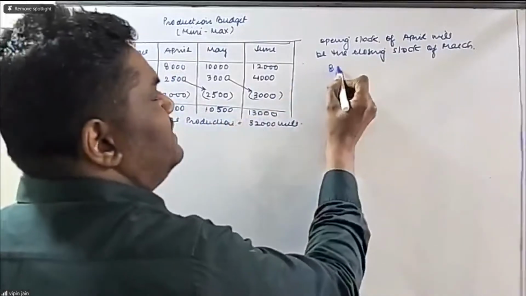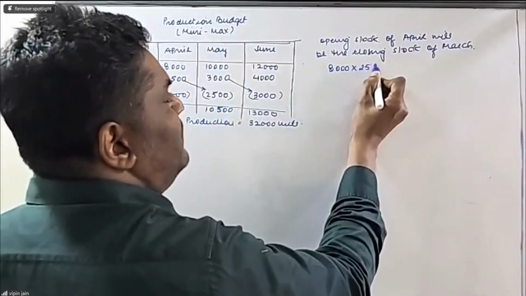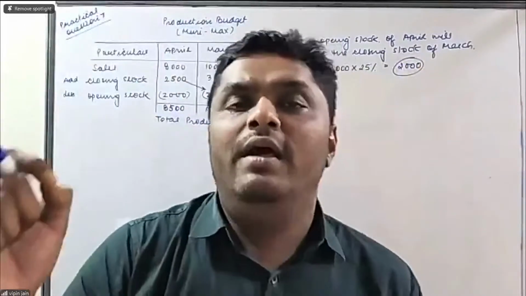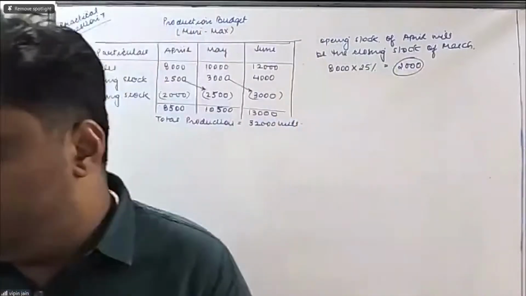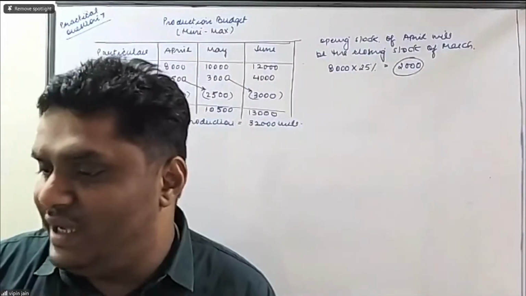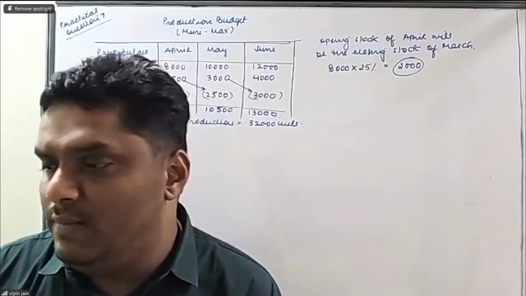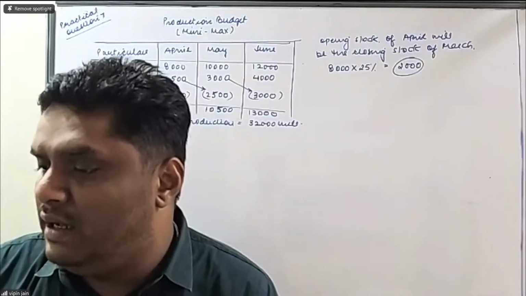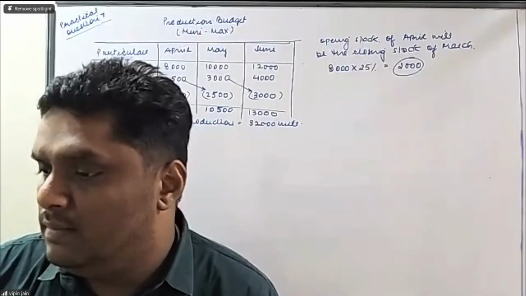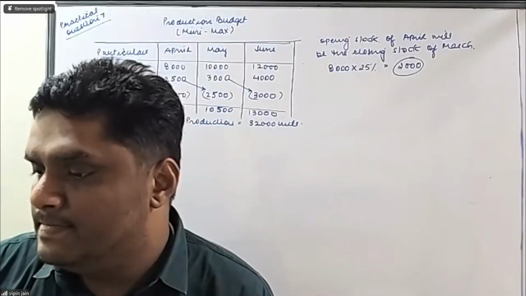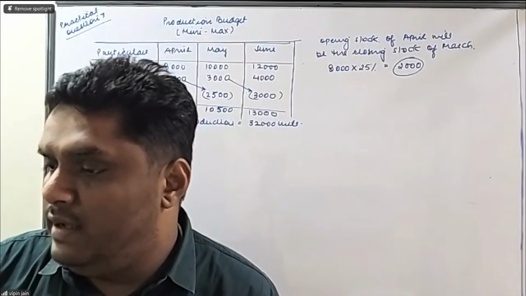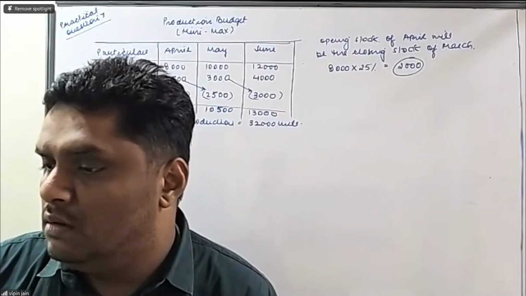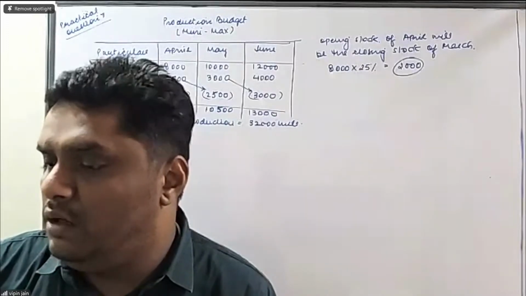So the sale of April is 8,000 into 25%, that is 2,000. So this will be the closing stock of March, and this will be the opening stock of April. If you have any doubts, please post. It's just a language twist, nothing more than that. So Mahi, Apurva, Sarthak, and Ritika, any doubts now? Or still not clear?